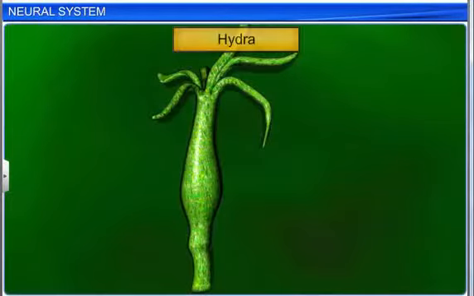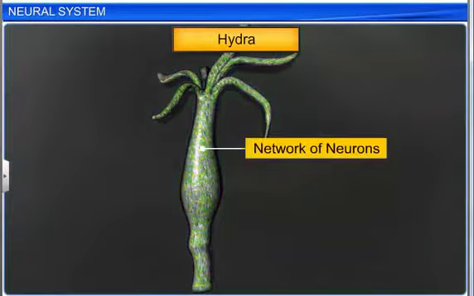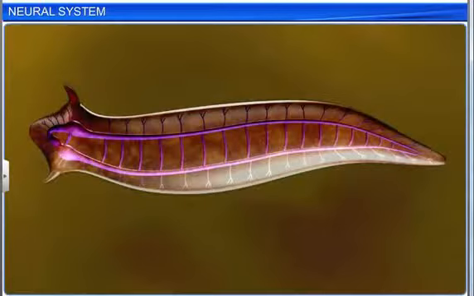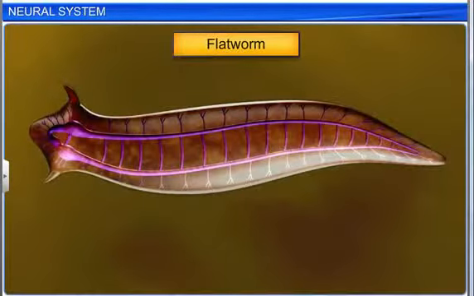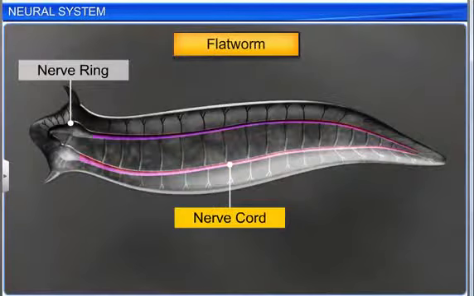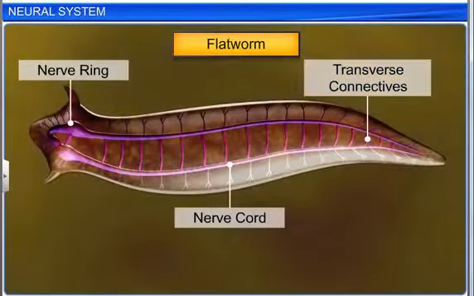The neural system of the hydra comprises a network of neurons. For example, flatworms have a ladder-type neural system which is composed of nerve rings and nerve cords. They are interconnected by transverse connectives.